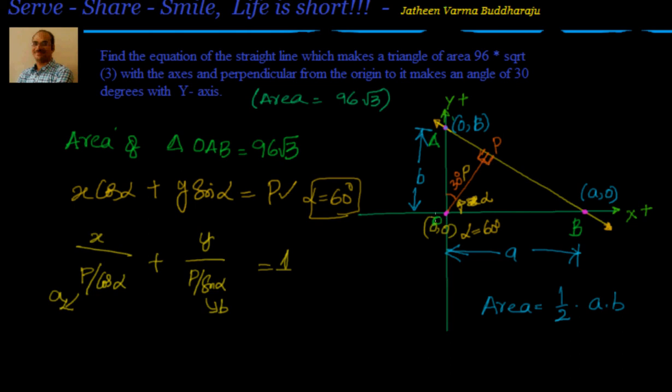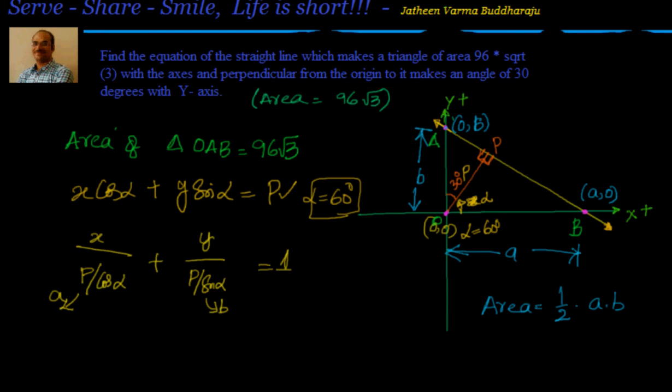So if p is the perpendicular from the origin, a normal to the straight line AB, making an angle alpha with the positive direction of x-axis, then the x-intercept is p by cos alpha, and the y-intercept is p by sine alpha.